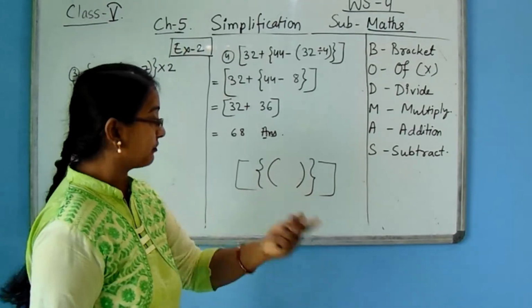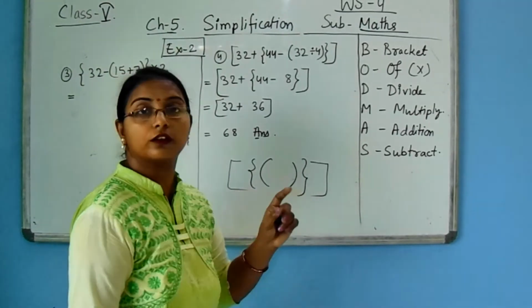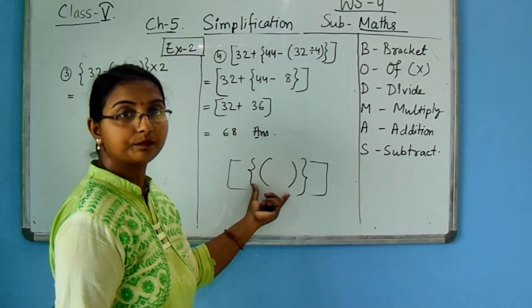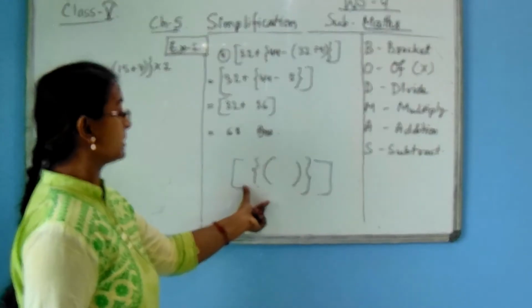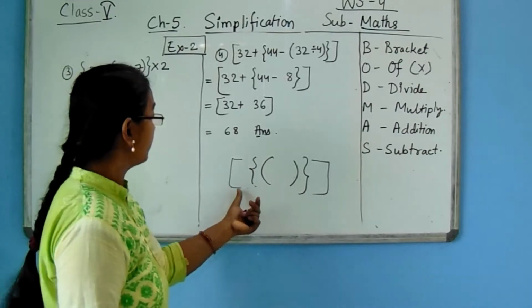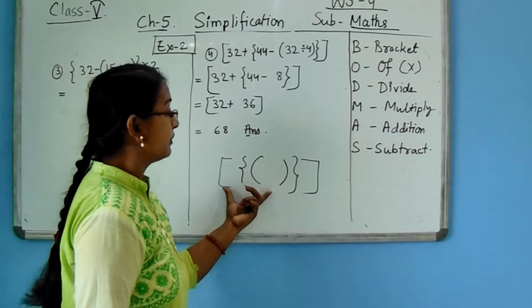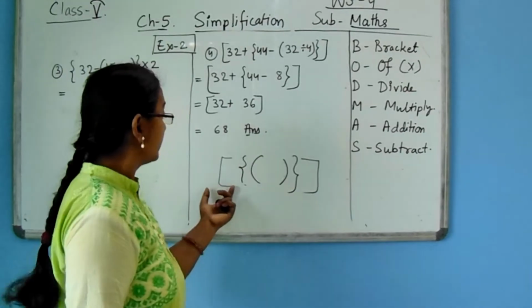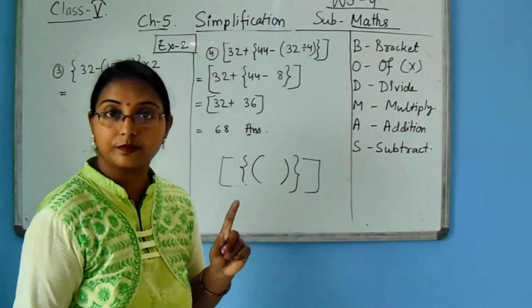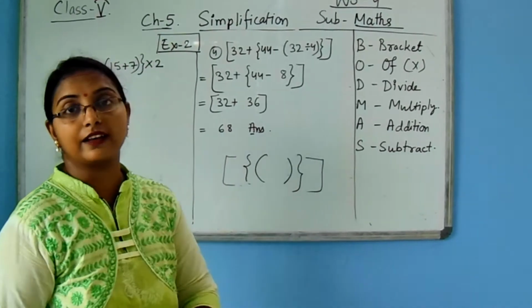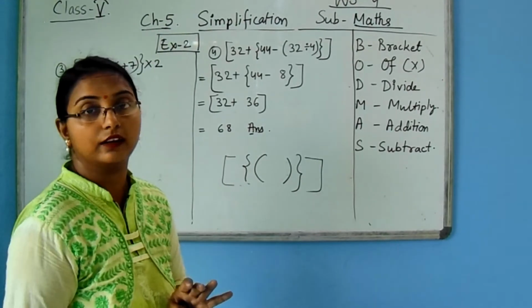Afterward we solve the sum including the middle bracket, then finally the big bracket, and in the similar manner we will find our answer.